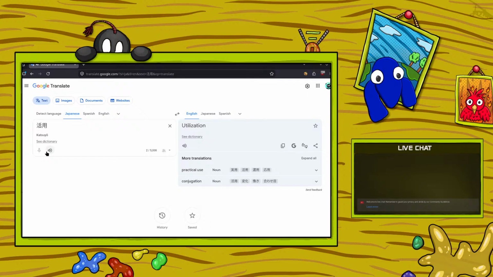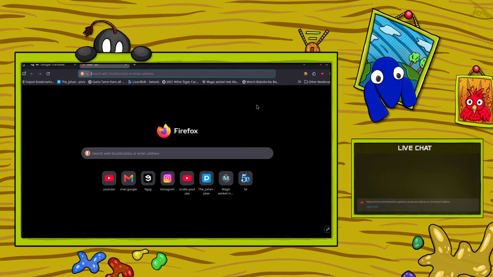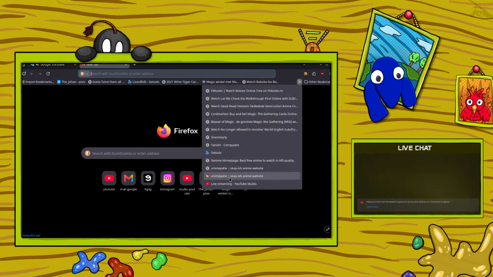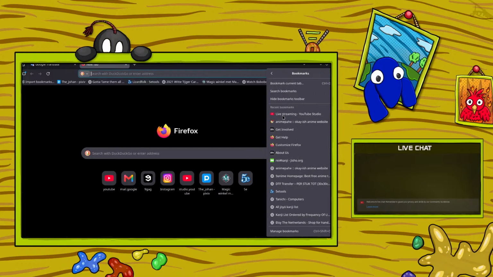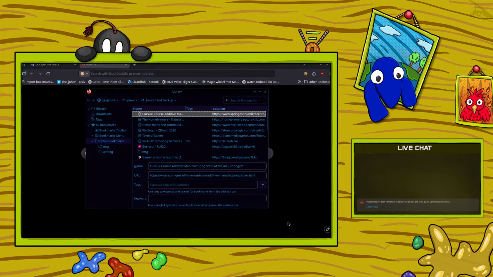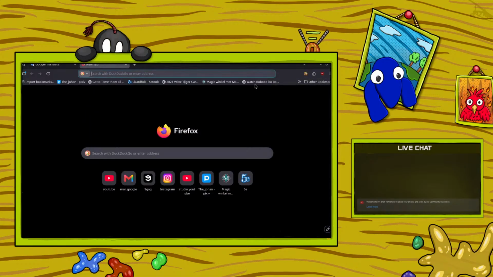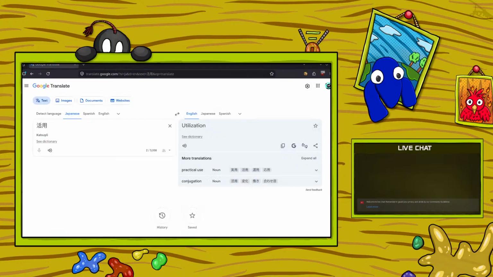活用. Well, that is incorrect, I believe. So katsujo. Katsuyo. No, I don't think so. Let's see if I can find it. Bookmarks. Management. Nope, that's not the one I'm looking for.